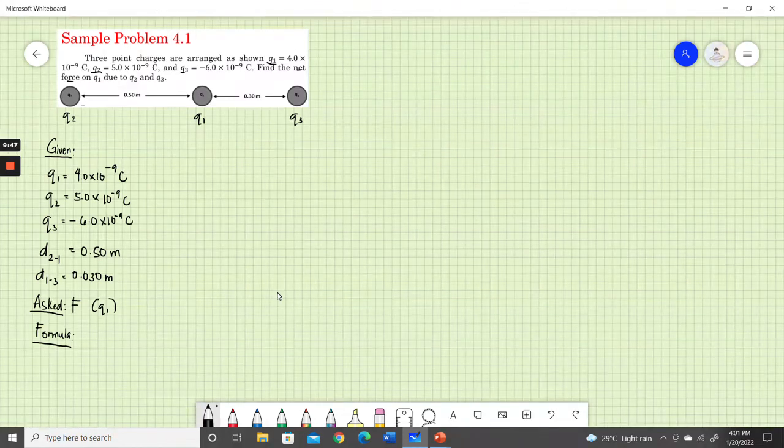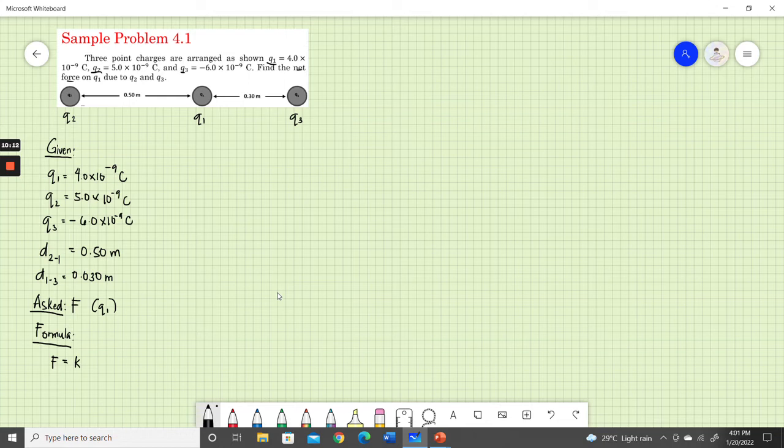How are we going to do that? Simply, we're going to use Coulomb's law, because with Coulomb's law we can find the magnitude of the electric force between two charged particles, and that's what we're trying to do. Only this time we're doing it twice, one for Q2 and one for Q3. So the force between Q1 and Q2 and the force between Q1 and Q3.